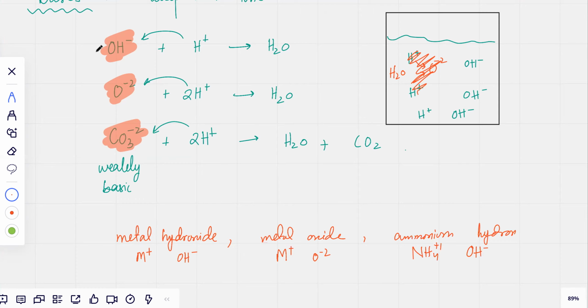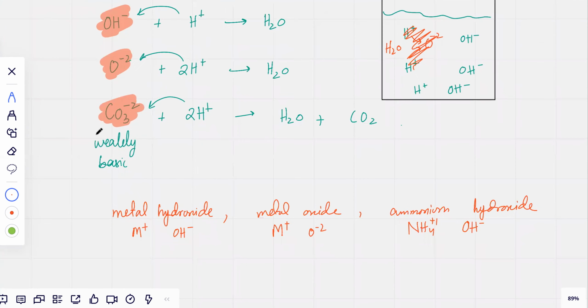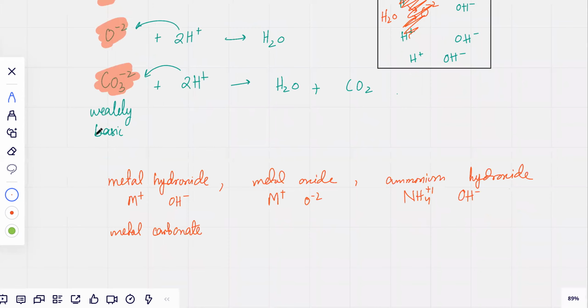So generally, it's any compound that has OH minus 1, O minus 2, or CO3 minus 2. These three would not exist alone. There has to be a positive ion attached to them. Carbonates, it's either going to be a metal carbonate, so any positive ion with a carbonate ion, or it could be an ammonium carbonate as well. That would also be.